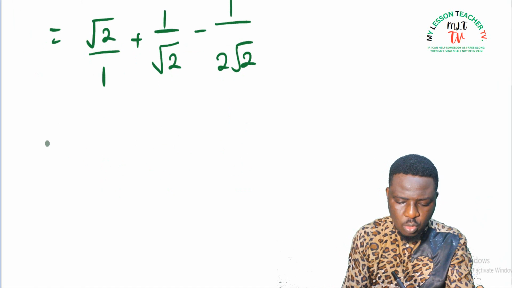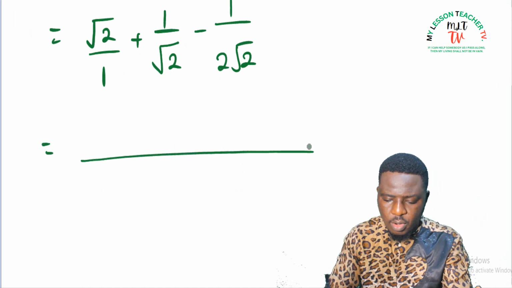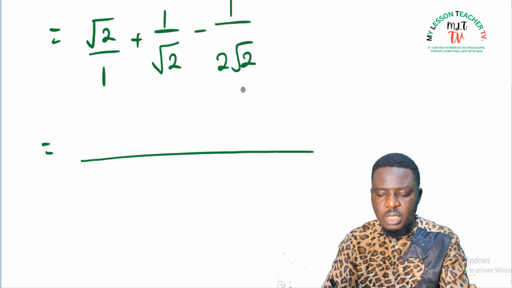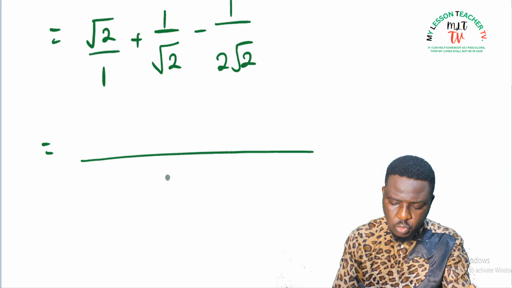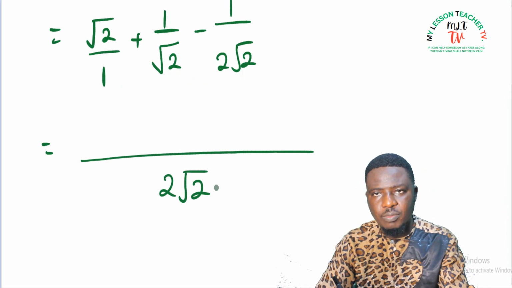So this is equal to, now looking for the LCM. The LCM of 1, root 2 and 2 root 2 is said to be 2 root 2. So this becomes 2 root 2 as the denominator.